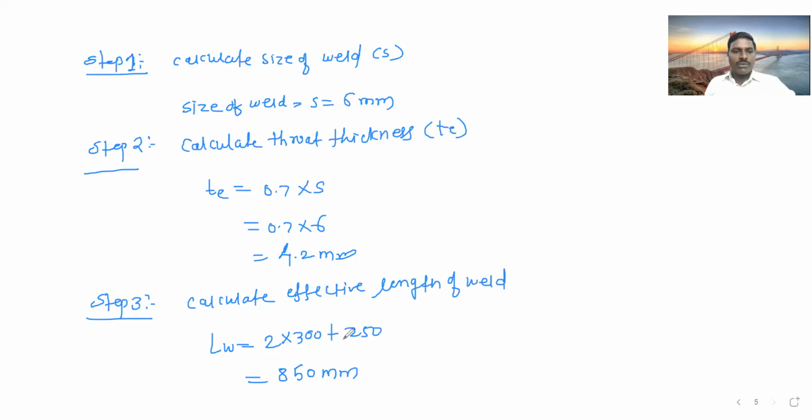So the effective length of weld, that is LW, we can calculate by using the figure. In the figure, they have shown top welding 300 mm, bottom welding 300 mm, and for the depth 250 they have weld. So total length of welding is 850 mm.